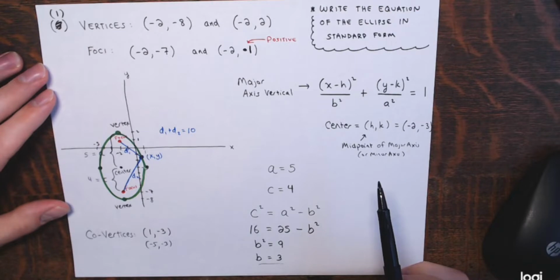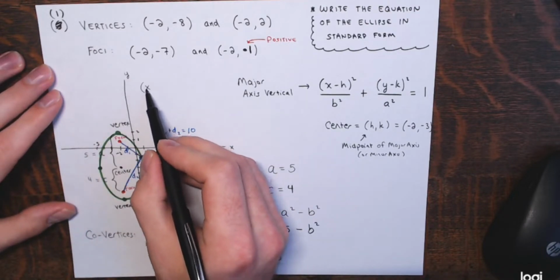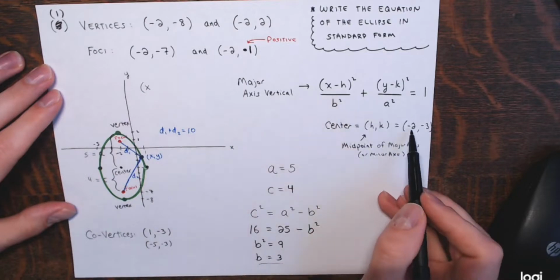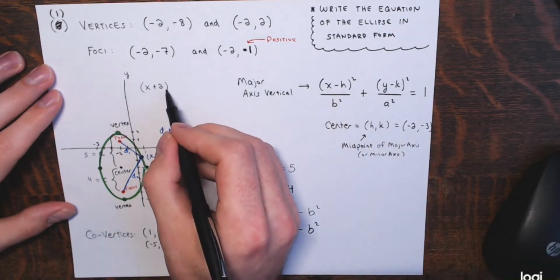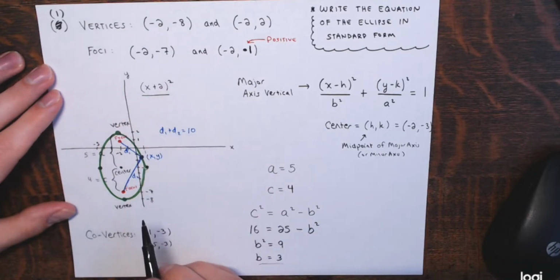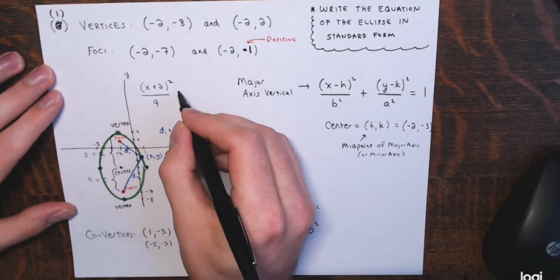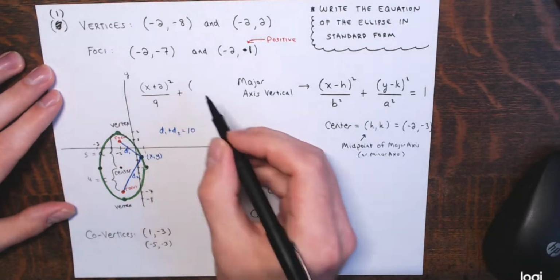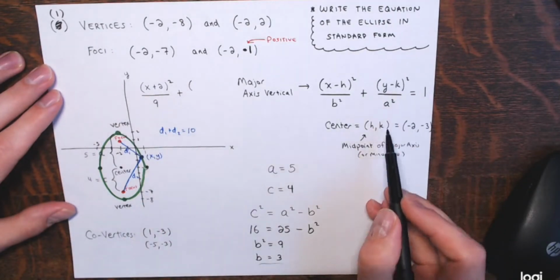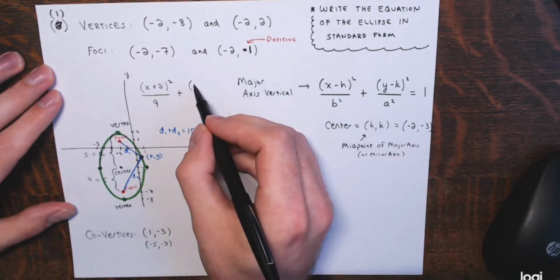So the equation of this ellipse is x minus h, x minus -2, so it's x plus 2 squared, divided by b squared, right, b squared was 9, plus the quantity y minus k, y minus the y value of the center, it's y minus -3, but y minus -3 is y plus 3.